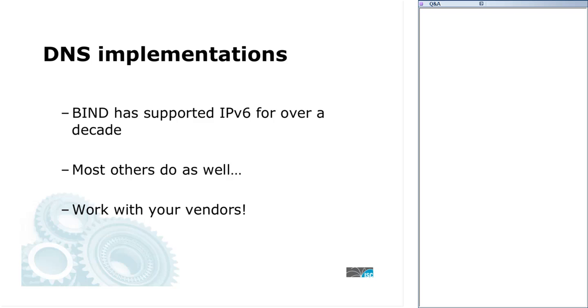We're using code paths that have not been exercised fully because people haven't been deploying this type of service. So be aware that you may run into issues, and again, work with your vendors. All of the vendors should be prepared to supply IPv6, and we're here to help.